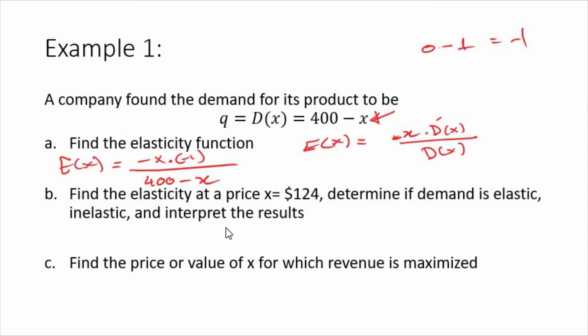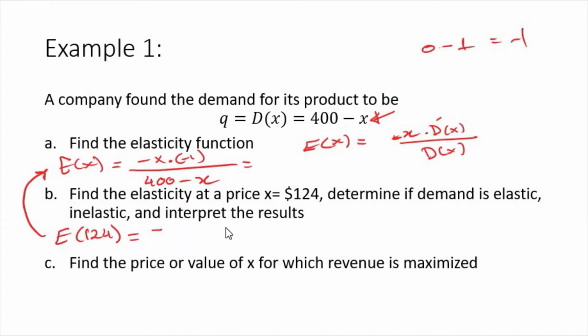The next question is asking to find the elasticity at a price of X is equal to 124. So let's find the elasticity at 124. All we need to do is to plug 124 into this function. Sorry, I didn't simplify this expression.